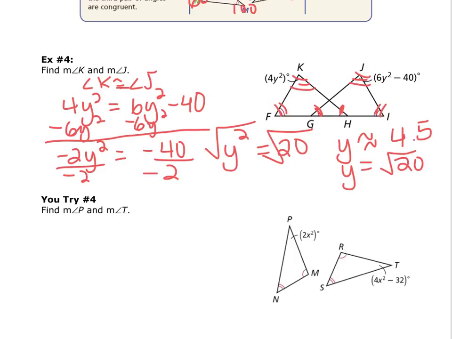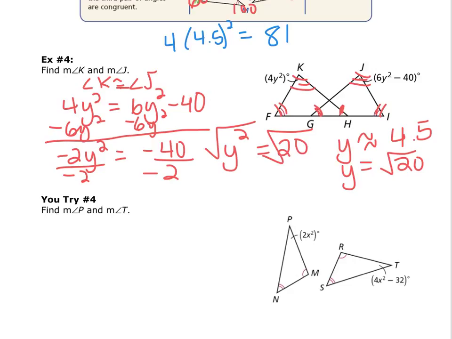So I'm going to plug it back into the 4y squared. So when I do that, if I plug in 4 times 4.5 and then square it, I get, let's see, 4.5 squared, and then times 4, I get 81.